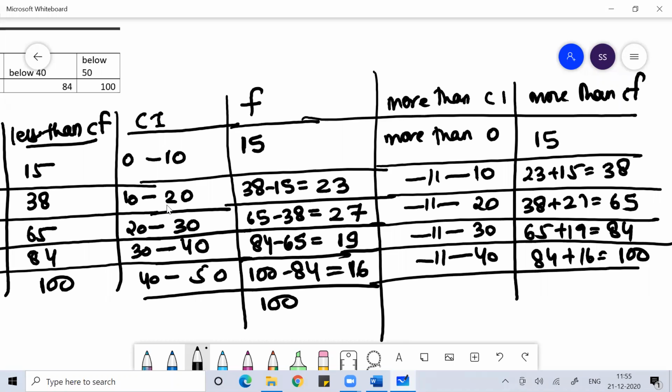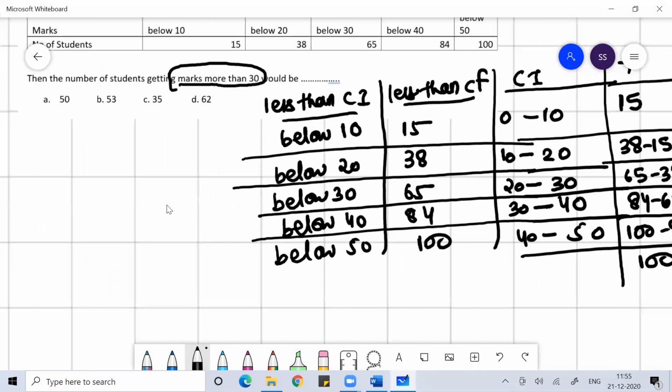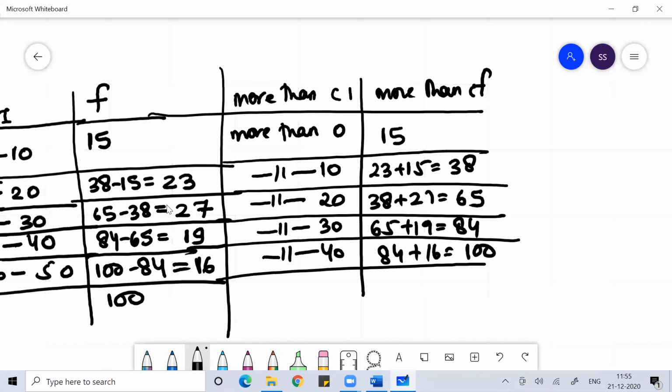So what is the question? Question is more than 30. More than 30 means 84. So the answer is 84.